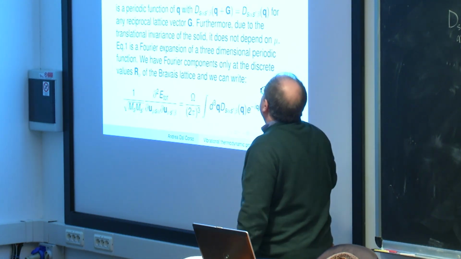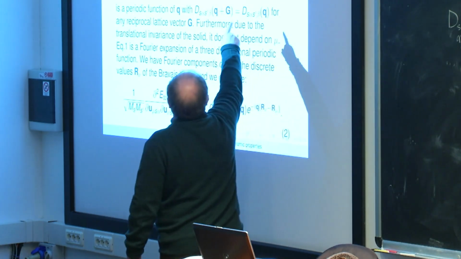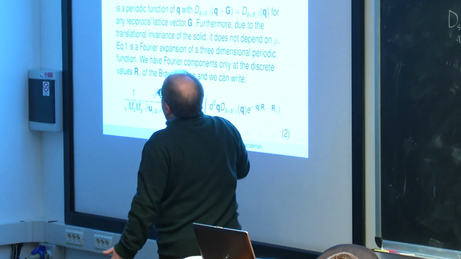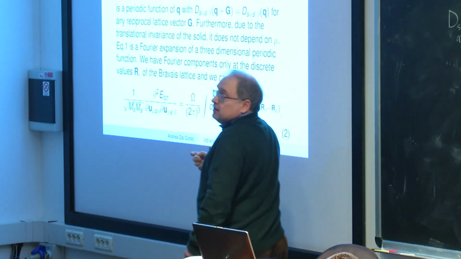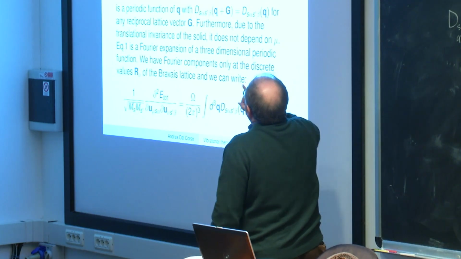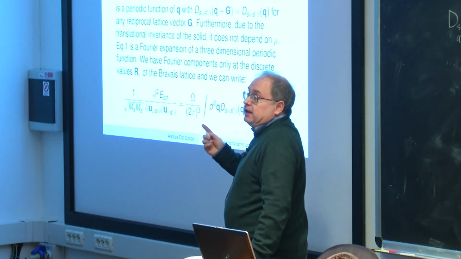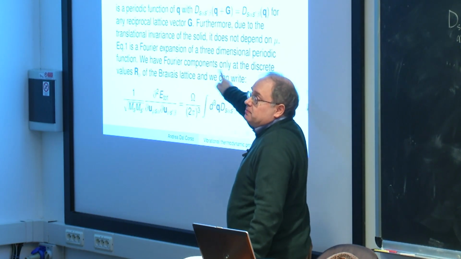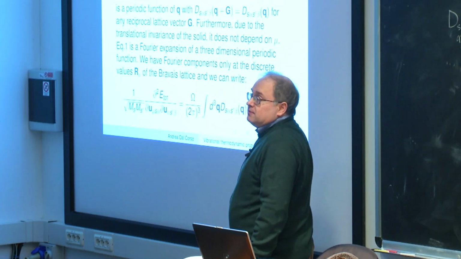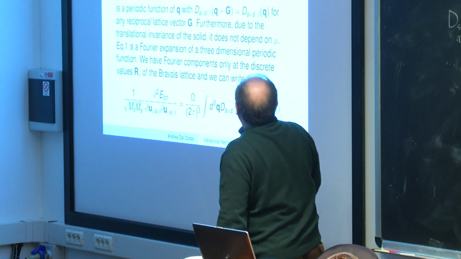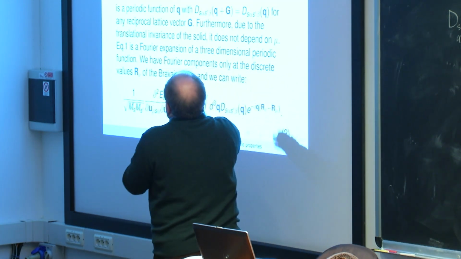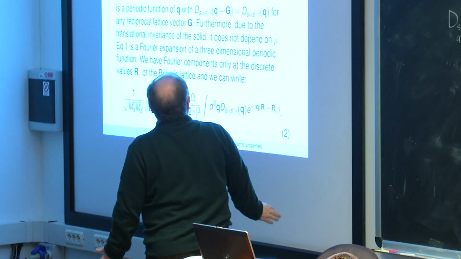You don't have it because it is independent. You can put, if you want, a sum over mu and 1 divided by N, the number of cells. But I choose one particular mu. And since the thing is independent of the particular mu that you choose, you don't write it there. I mean, they are all equal for all mu, I think.